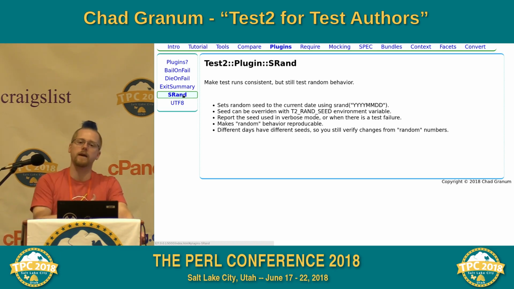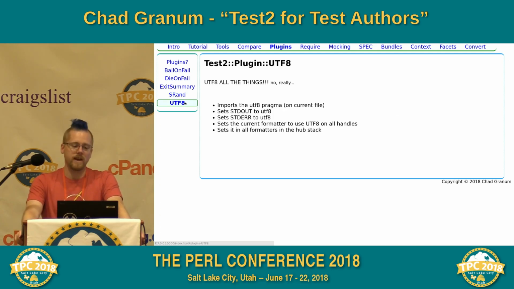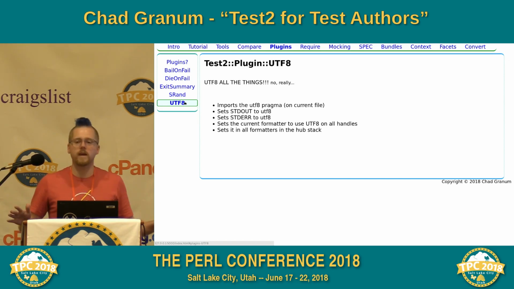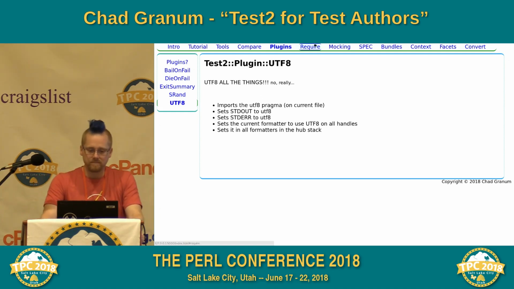So if you're looking at a log from a few days back, you can see what seed was used, and you can reproduce that test with the environment variable. This is something Schwern and I actually cooked up together back with the Fennec project. UTF-8. If you know you want to use UTF-8, just use this Test2::Plugin::UTF8, and it'll just make everything UTF-8, and you don't have to think about it anymore. Lots of things become UTF-8.